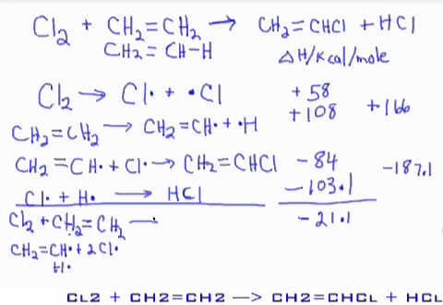Well, I can draw my product organic over here. Running out of room. There it goes. So I have those two right here. And then I've got 2 Cl dots, the organic dot and the H dot. So I'll write those down again.